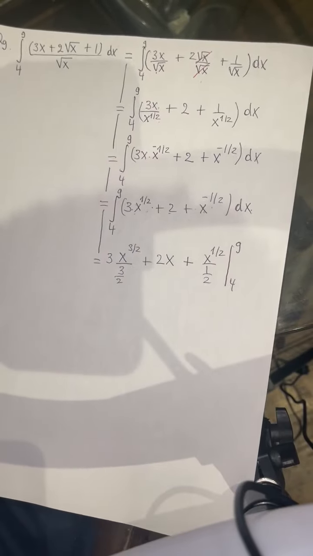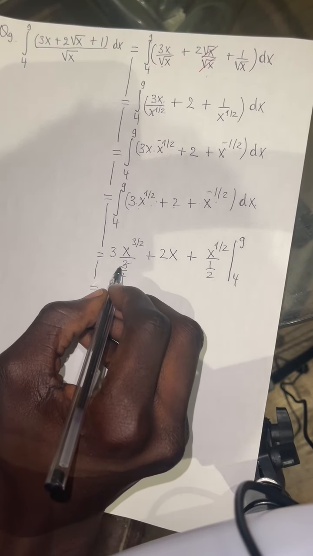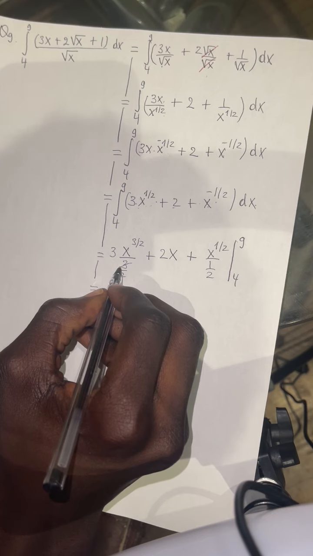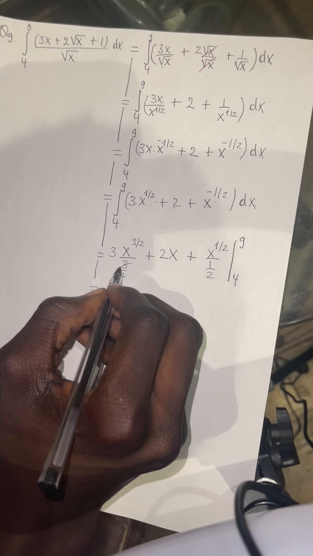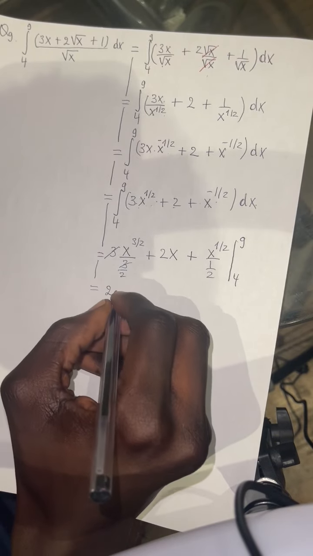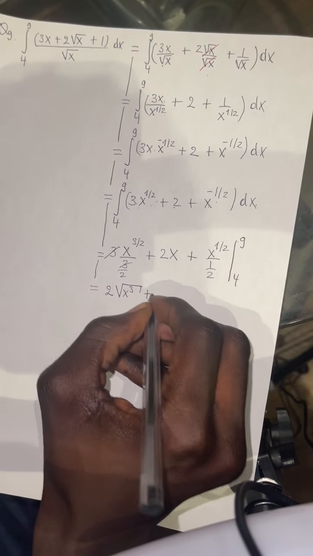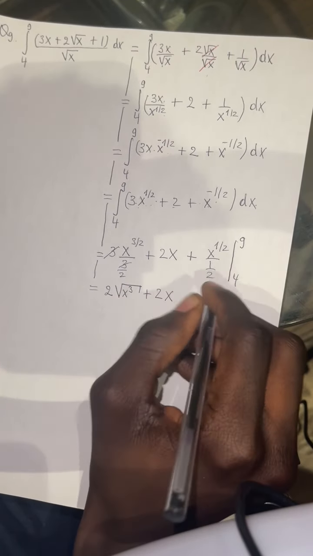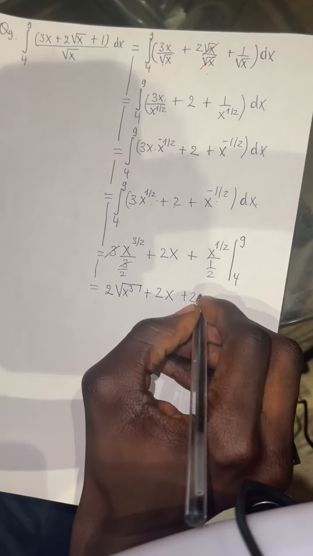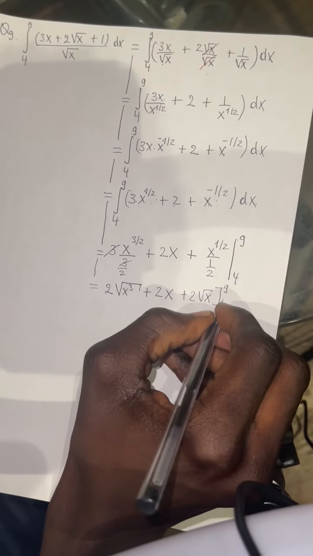That is our limit. So this number can cancel with this number. So this 2 goes on top. You're going to have 2 square root of x to the power 3 plus 2x. So these 2 can go on top, plus 2 square root of x. And then the limit is 9 to 4.